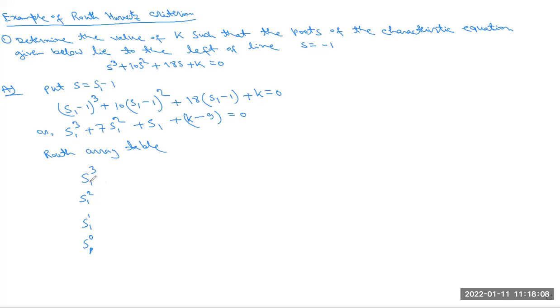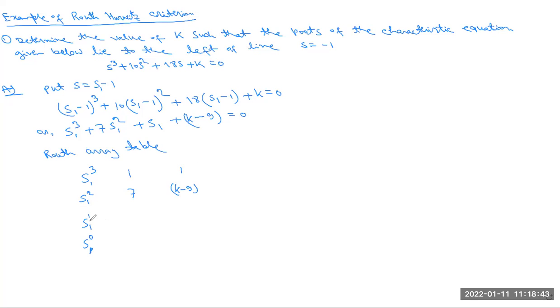For S1 cube, what values are coming? First is 1, then 1. For S1 square: 7, and K minus 9. Any other values? No, sir.